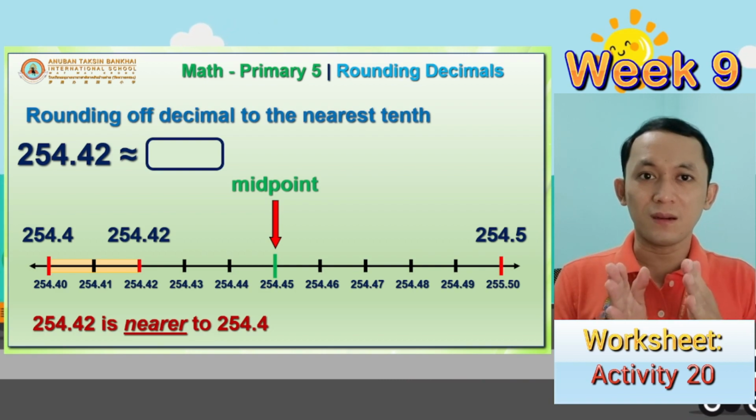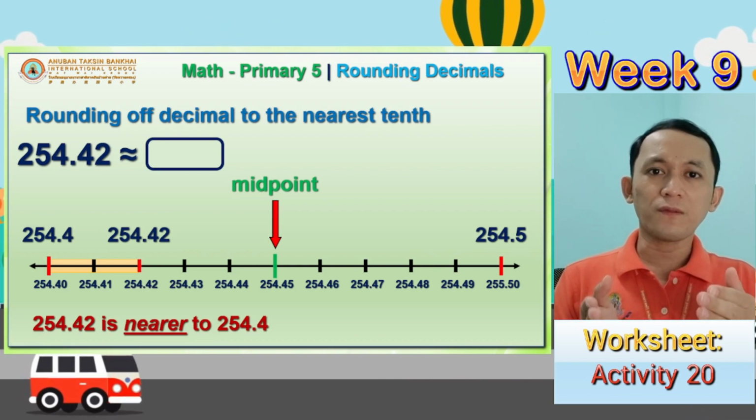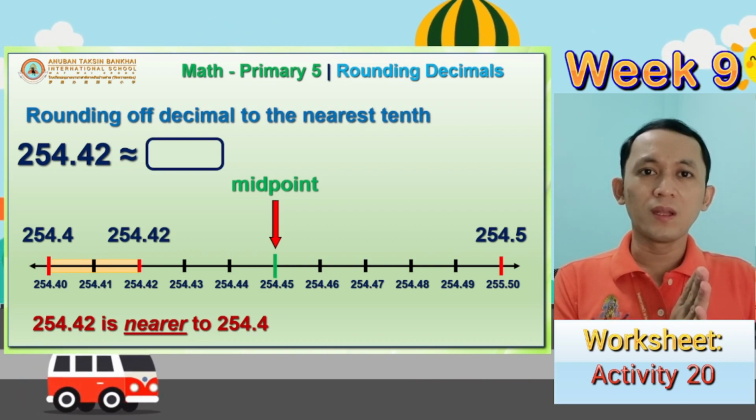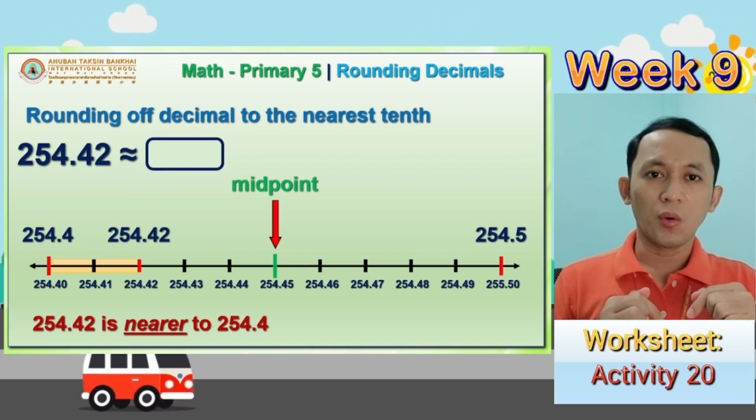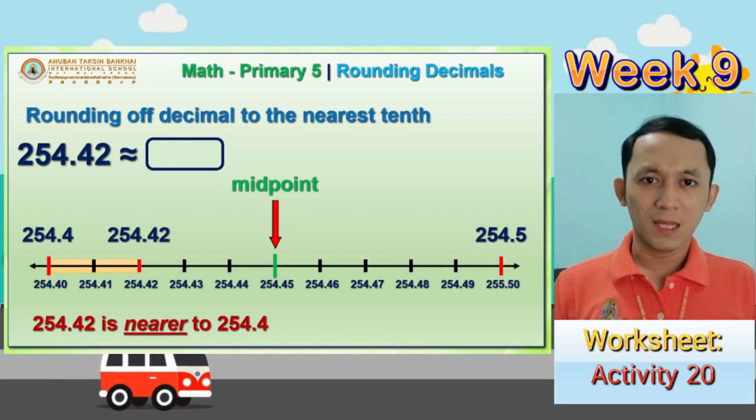So if the number is near to the nearest tenths place, we are going to round it down.